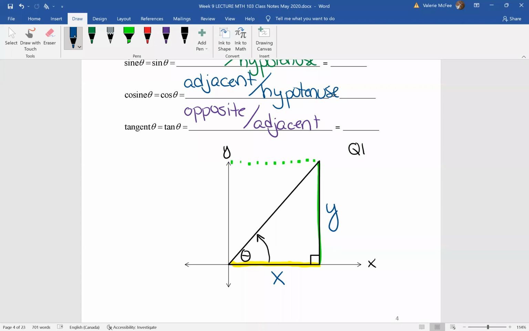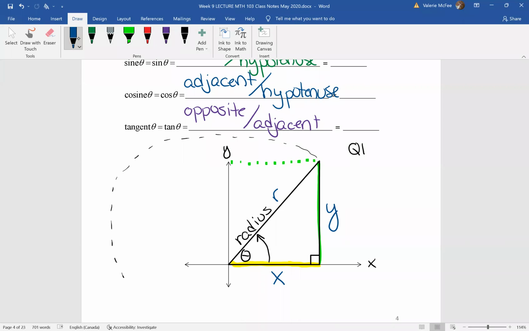What about the hypotenuse? Well, if you imagine that this terminal side keeps going around in a circle, then that hypotenuse has become the radius. And we're going to call this side R. Notice, because we're drawing our triangle on the XY axis, it will be possible for X and Y to be negative.